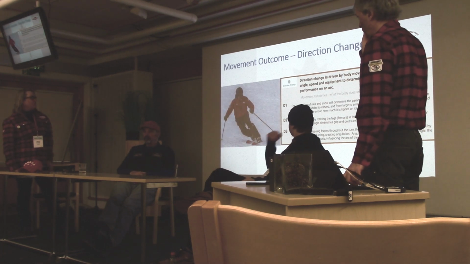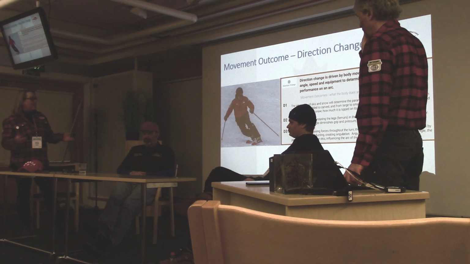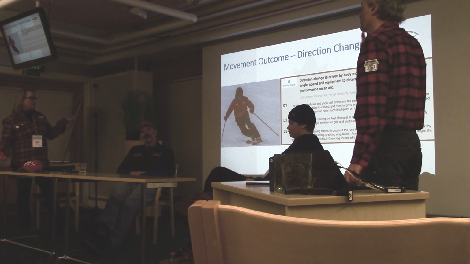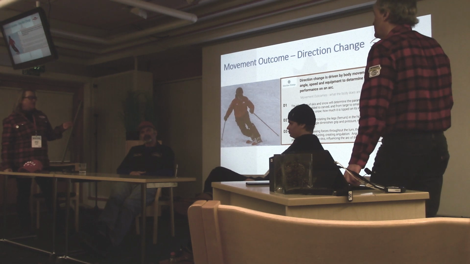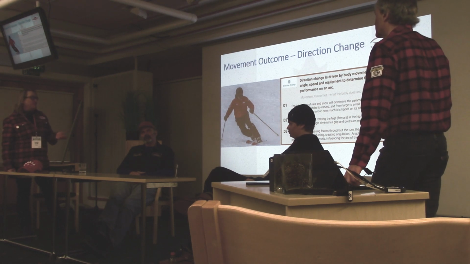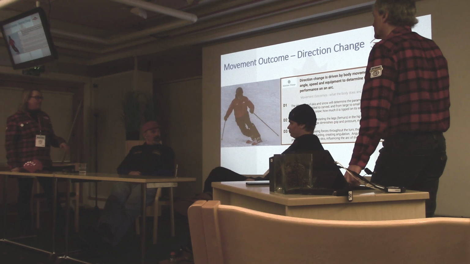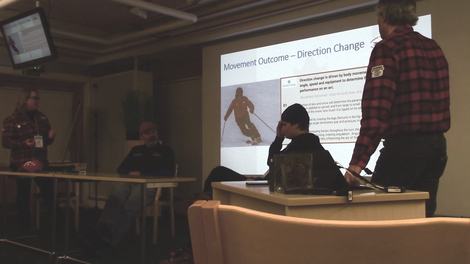And the same with direction change, not the same, but it's the same idea. Direction change is the interaction of ski on snow. That will determine the parameters for change of direction. The skis are turned by rotation of the legs, the lower body in the hip socket, separating upper and lower body.